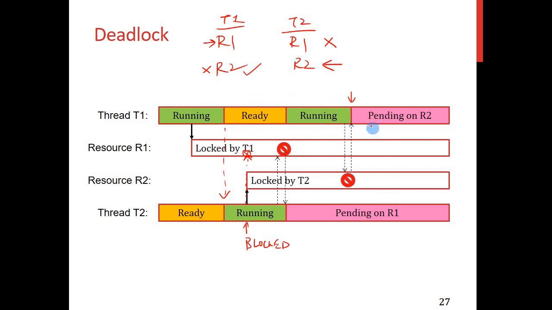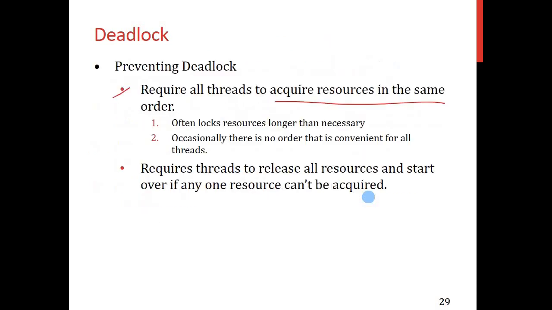And eventually when it gives up both the resources, or when it gives up R1, then T2 will be able to resume. So that can help us to prevent a deadlock situation by enforcing an order in which you acquire resources that are shared across multiple processes.